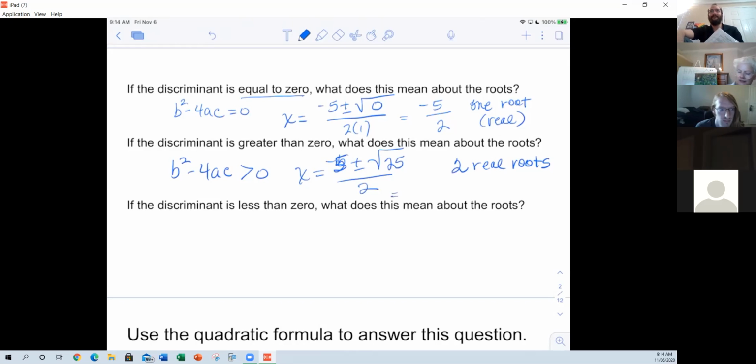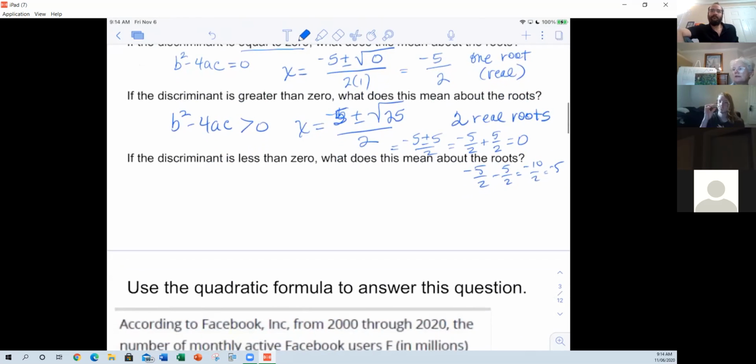So that would give me -5 plus or minus 5, over 2, which would be -5 over 2 plus 5 over 2, which would be 0, or -5 over 2 minus 5 over 2, which would be -10 over 2, -5. So that would be 2 real roots.